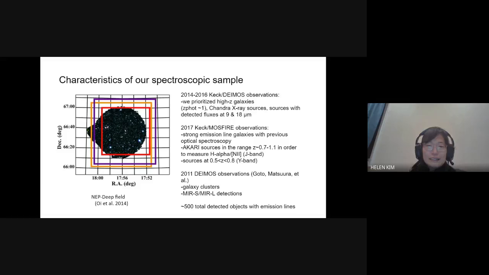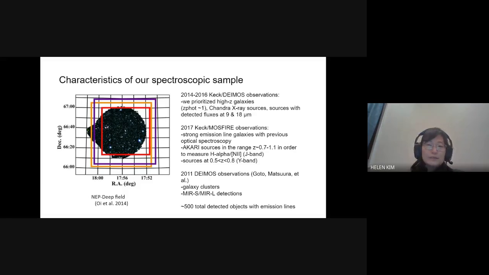And in addition to those observations, we've also been collaborating with Goto, Matsuura, and others to analyze the 2011 DEIMOS observations, which is a sample of about 300 spectroscopically detected objects.